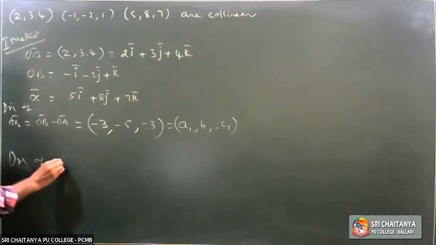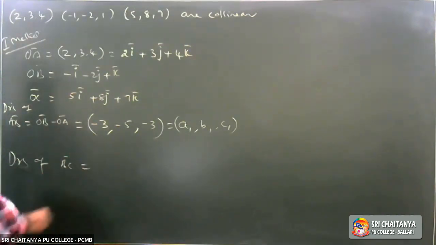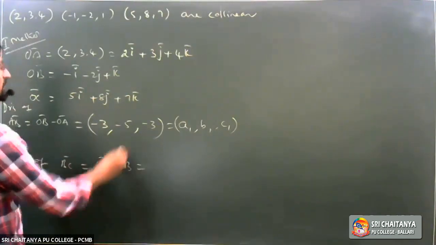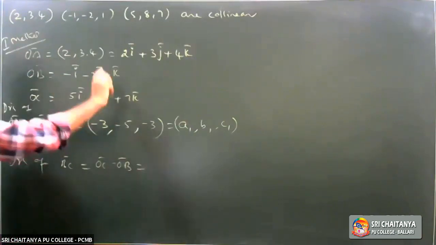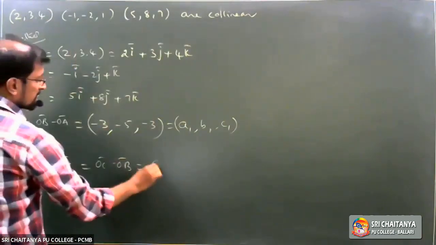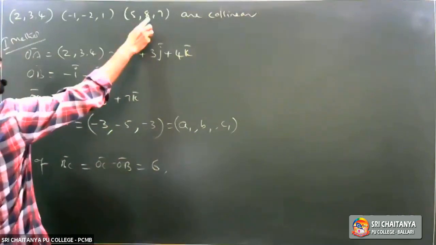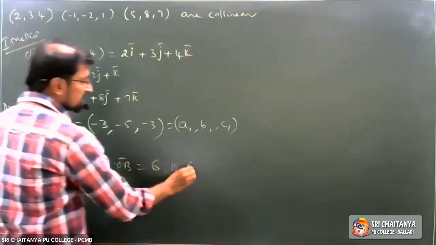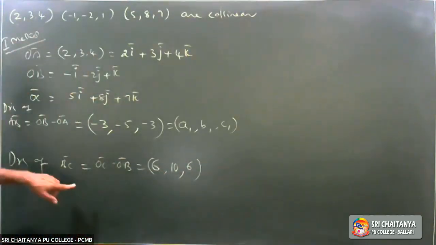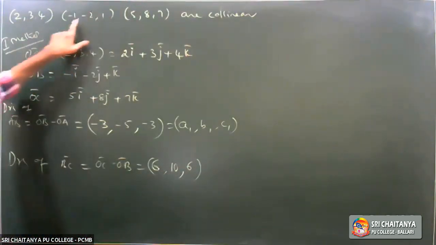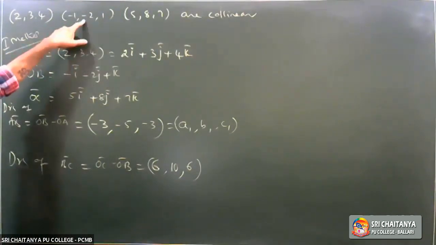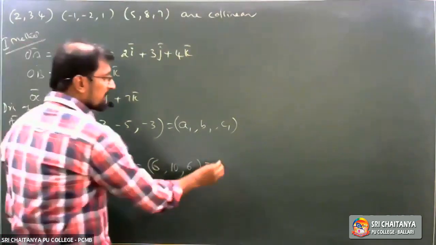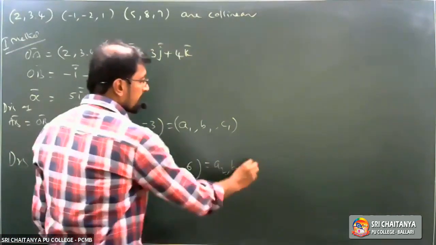The direction ratios of BC bar is OC bar minus OB bar, which you can write as x2 minus x1 = 6, y2 minus y1 = 10, z2 minus z1 = 6. You consider this as A2, B2, C2.